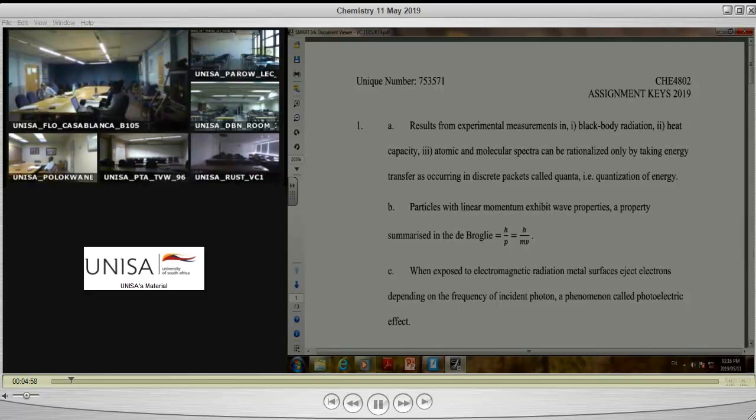So if you've got an equation and there's a diagram, you must understand the relationship. That you must know.